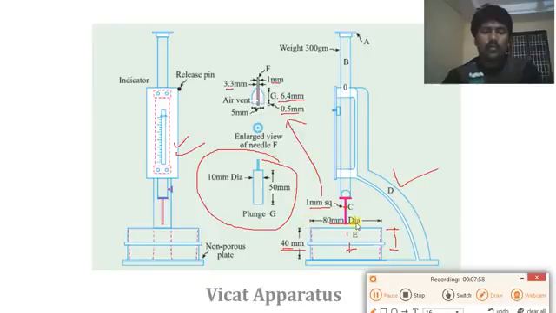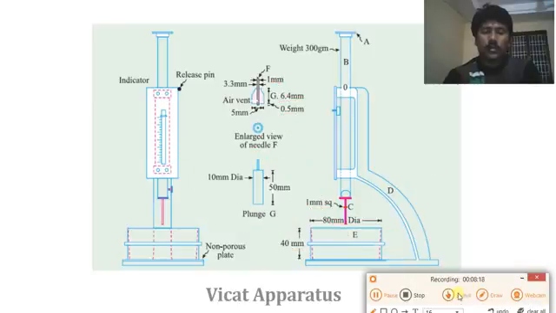Now how to do the test? You can measure the depth of penetration from the bottom or else from the top of the mold, and that should be between 33 to 35. But how to do this test? I'll explain in the next slide.